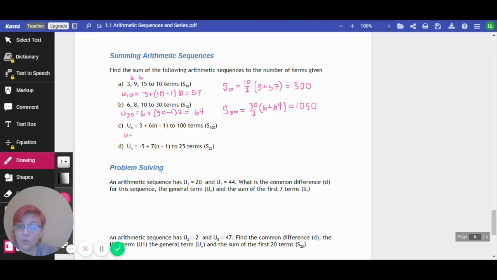So that is U100, which equals the first term, which is 3, plus common difference 6 times n is 100 minus 1. Three plus 6 times 100 minus 1 is 597.